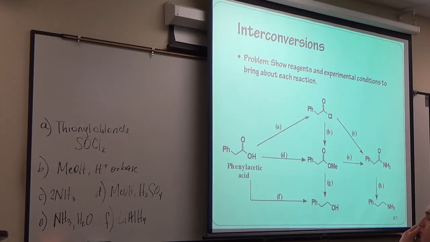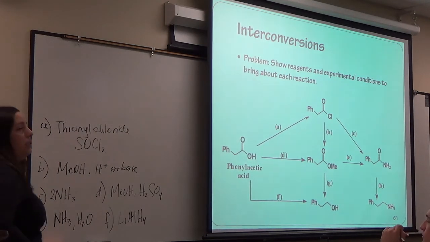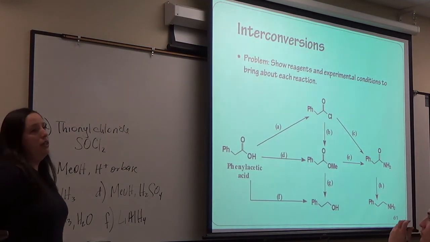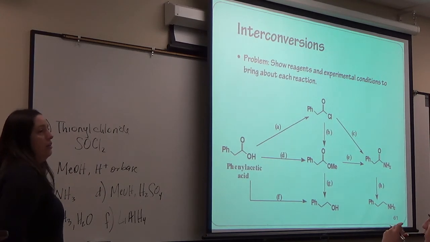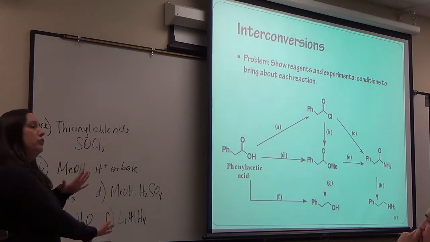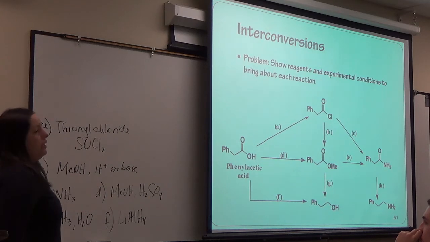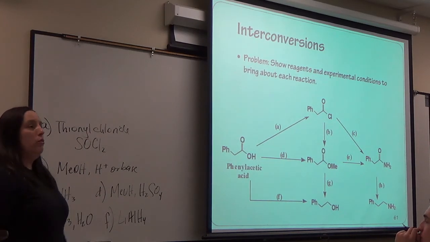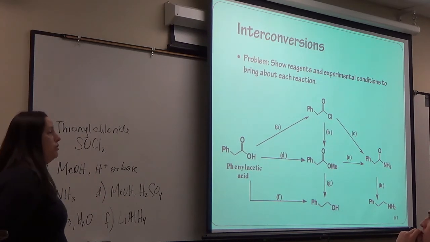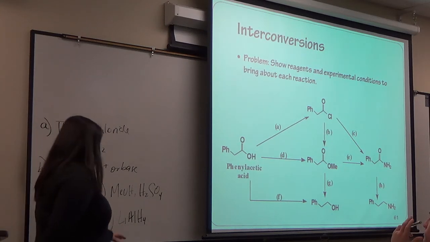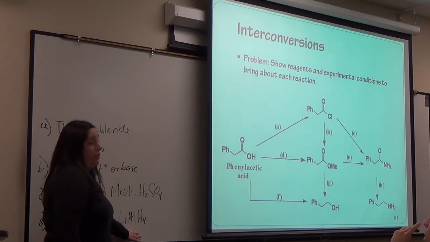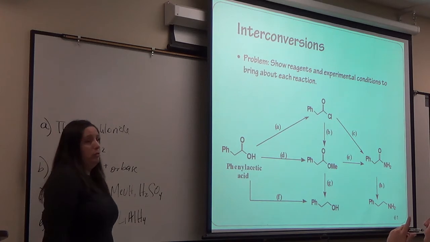And then, of course, for the reductions, the useful one in this chapter is lithium aluminum tetrahydride. The others will reduce the carbonyls of a ketone or an aldehyde, so you might want to go back to those other chapters if that's required. But if you think reduction in chapter 18, it's really lithium aluminum tetrahydride.